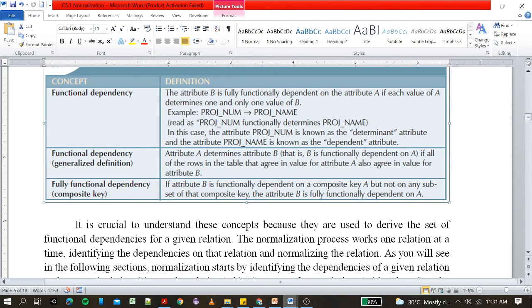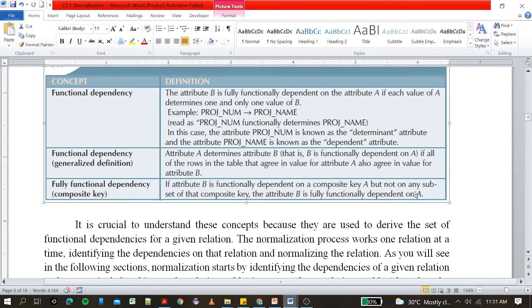If attribute B is functionally dependent on a composite key. So, ibig sabihin, yung primary key natin ay composed of two attributes na pinagsama. Ano? Ibig sabihin, dalawa siya.